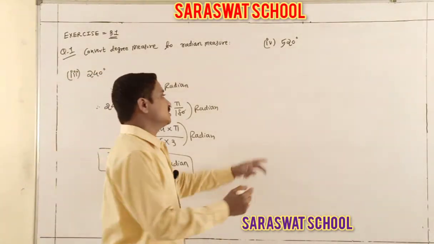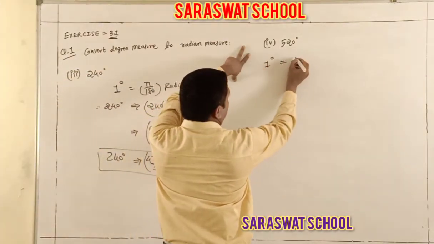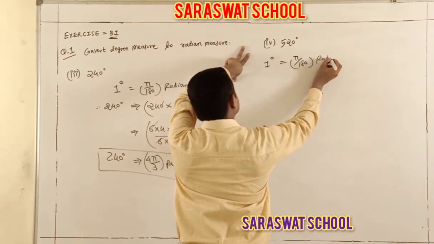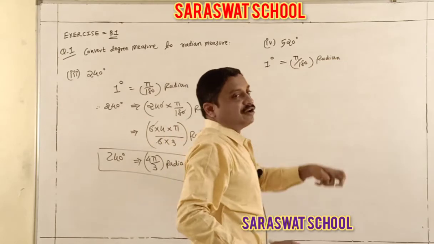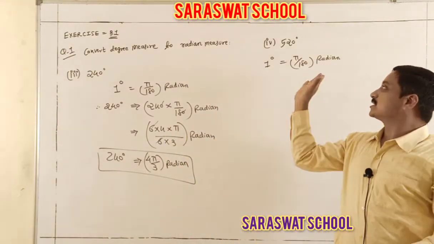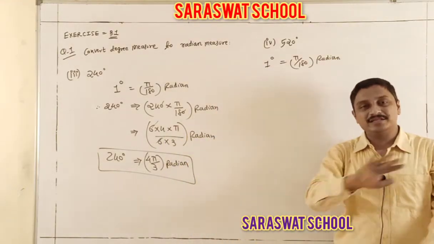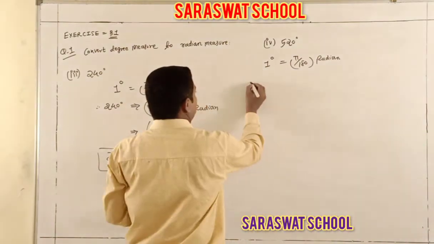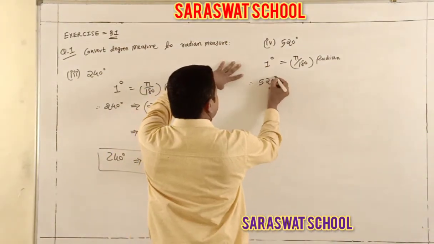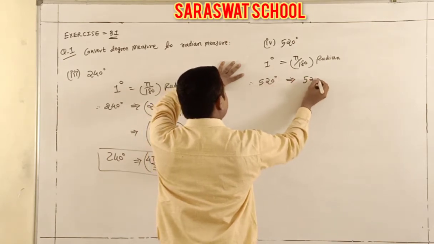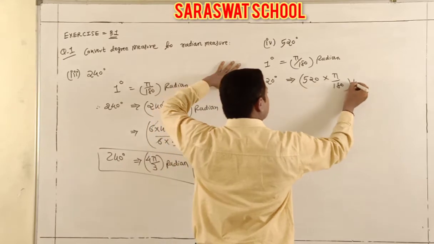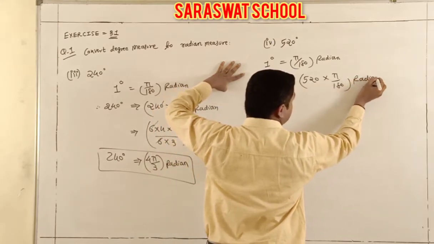So same application. 1 degree is equal to pi by 180 radian. Students, every time we utilize this one standard form. It's very easy, and going to that, putting the value. So 520 degree is equal to how much? 520 into pi by 180 radian.